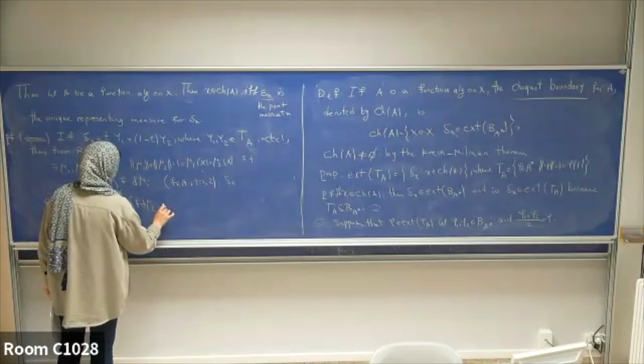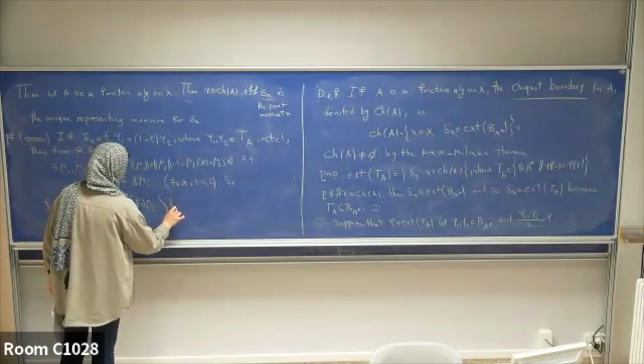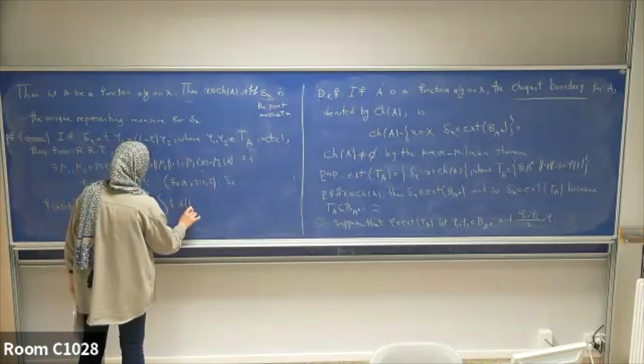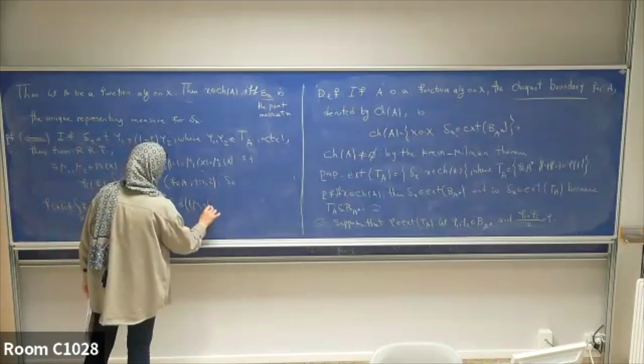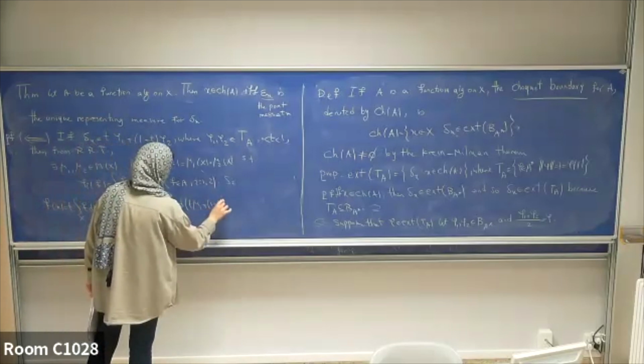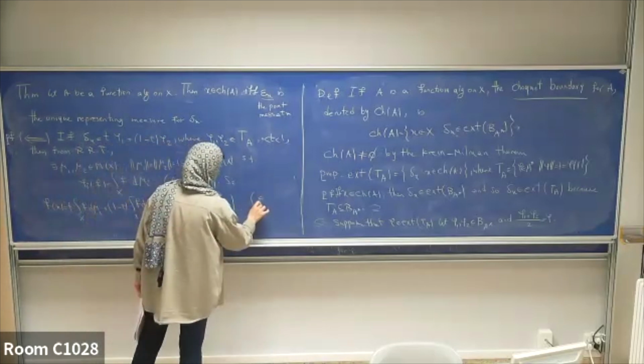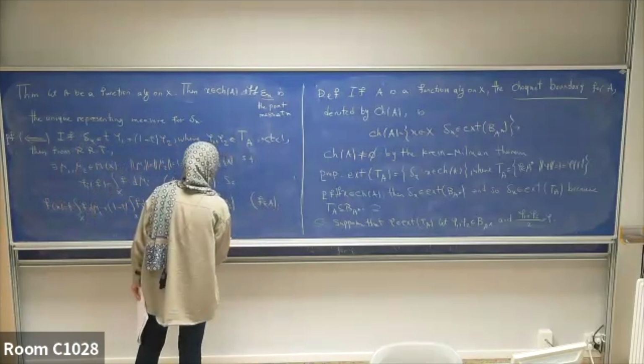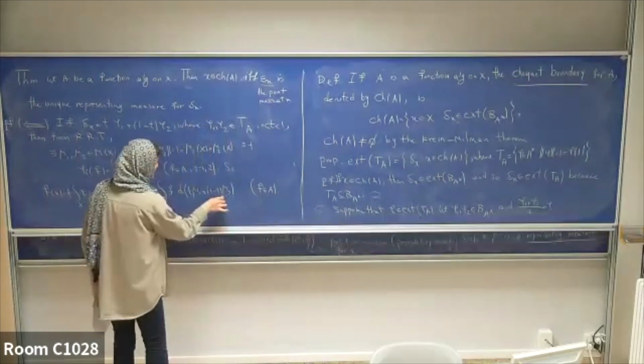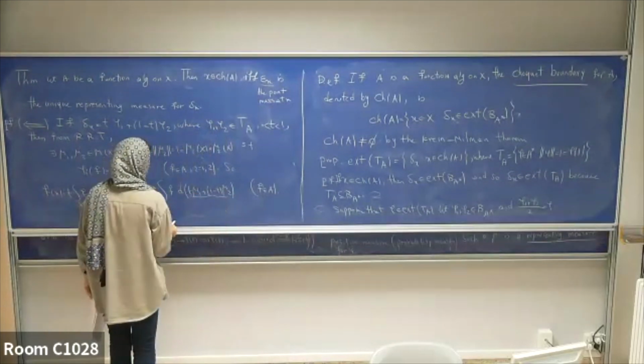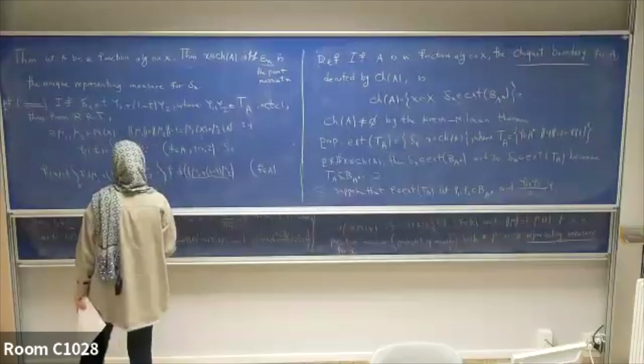And write it like here, the integral of f d of (t mu1 plus (1 minus t) mu2) for each f in A. So it itself is a representative measure for delta x.